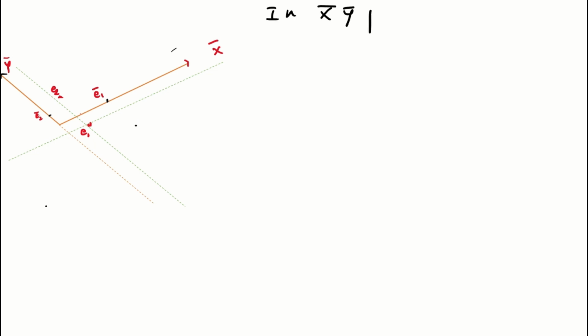That means we are in the x bar y bar plane, and here we have two basis vectors, E1 bar and E2 bar. So if you take any vector, you can write that vector as a linear combination of E1 bar, E2 bar. So this is the x bar axis, this is the y bar axis, and E1 bar and E2 bar are the basis vectors along the x bar and y bar axes.